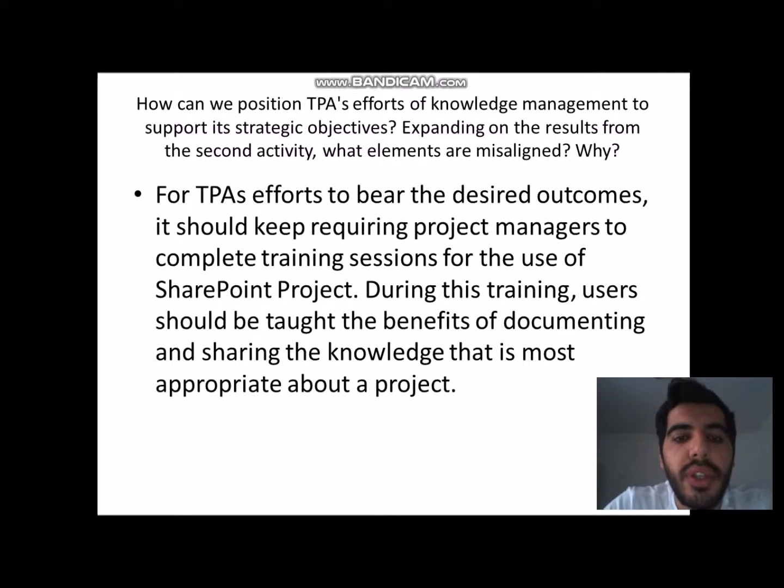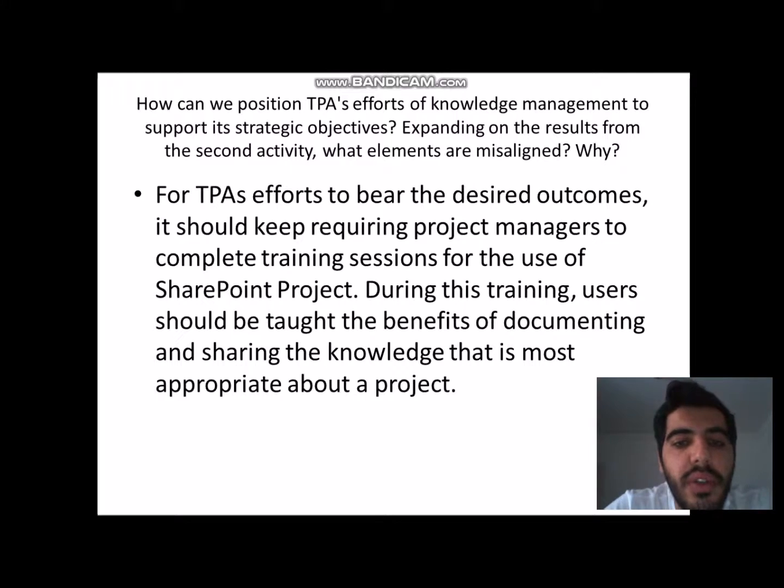How can we position TPA's effort of knowledge management to support strategic objectives? Expanding on the results from the second activity, what elements are miscellaneous? Why? For TPA's effort to achieve the desired outcomes, it should keep requiring project managers to complete training sessions for the use of the SharePoint project.